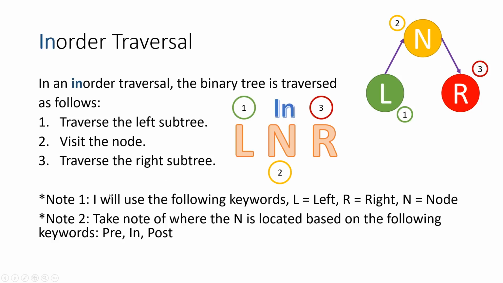Notes 1 and 2 are exact repeats of what was said previously, where you just monitor where this node is going. And as I've said, the slide is arranged in pre, in order, and post order traversal, so that it helps us remember these things when we're going through the exam paper.